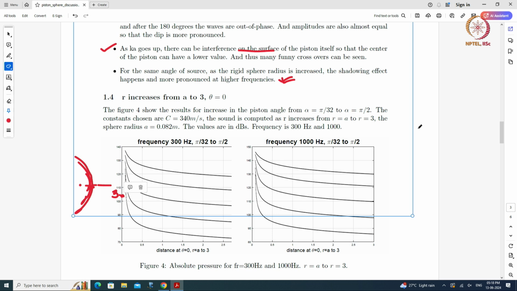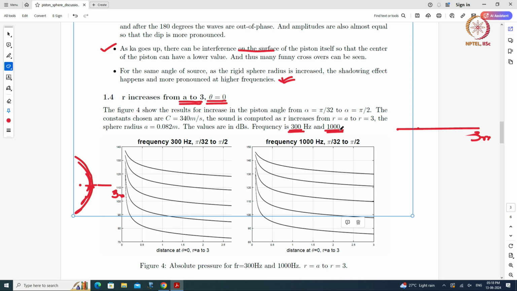From the surface of the radiator to 3 meters, we are going to plot the pressure at theta equal to 0, R running from the surface A to 3 meters, and this plot is for 300 and 1000.